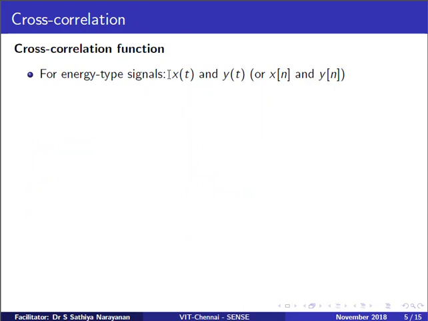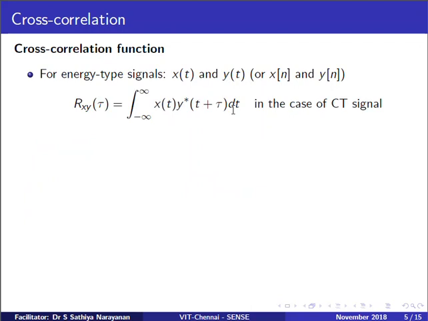Let's see the cross correlation function between two continuous time energy type signals. The cross correlation is denoted as rxy of tau, which is equal to the integral from minus infinity to infinity of x of t times y conjugate of t plus tau. Here t plus tau stands for a shift by tau, and the conjugate symbol denotes the complex conjugate of y of t plus tau. This is in the case of continuous time signals.